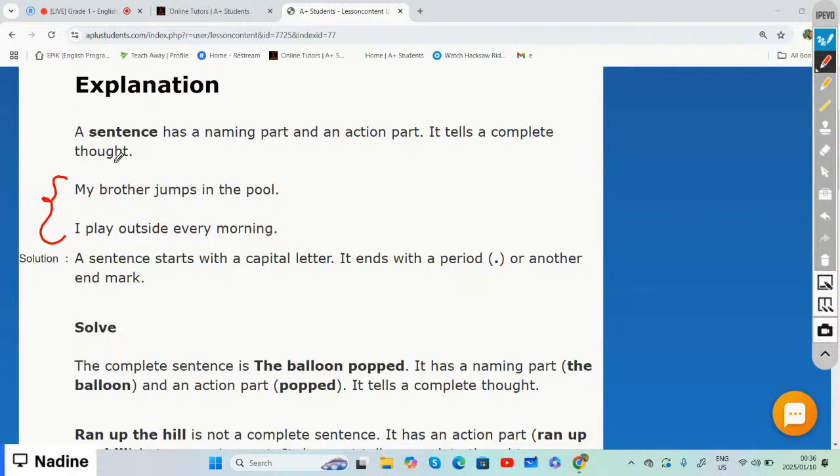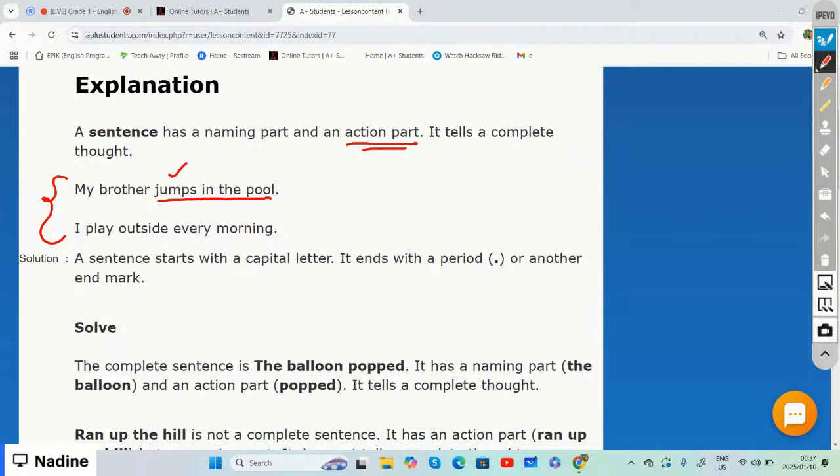If we identify the action that the person, the animal, or the thing does, we can say jumps, or we can say jumps in the pool, depending. So jumps in the pool, that is the action part, or it's just jumps, depending.